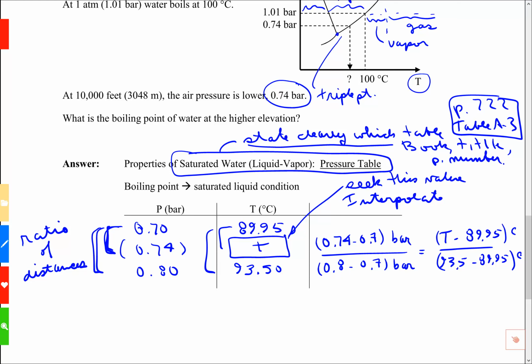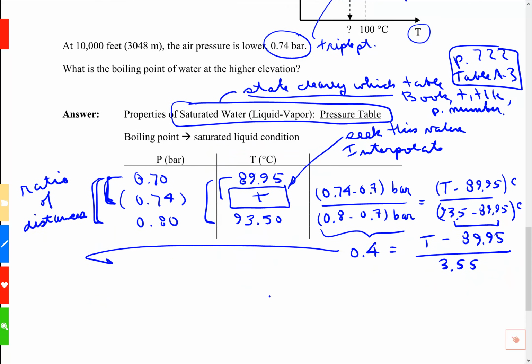And now we can crunch some numbers. This is a pure number, and this is 0.4. And on this side we have upstairs T minus 89.95, and downstairs I can find a value for this distance. It is 3.55.